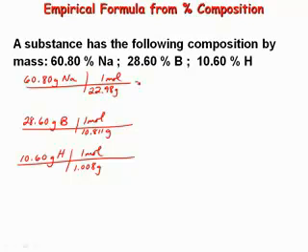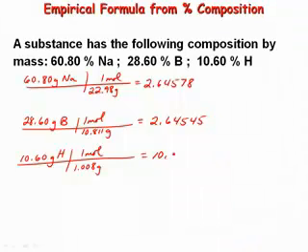All right, so then we're going to calculate our moles, and again, carrying it out 5 or 6 places. 2.64578, 2.64545, and 10.559. Okay, so our smallest value is this one.